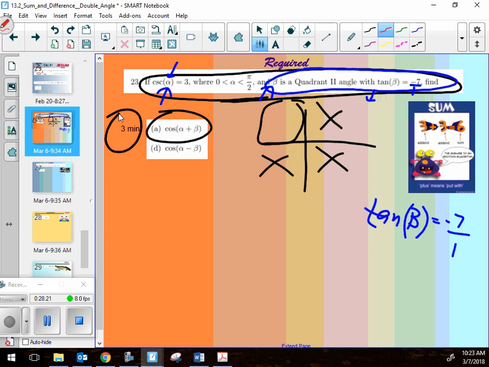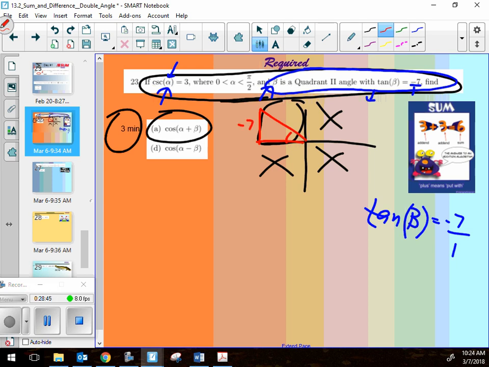Can you make a triangle where its sides are 7 and 1? Yeah, you can. Because the opposite and the adjacent sides can be 7 to 1 ratio. So you make yourself a triangle where the opposite side is -7.